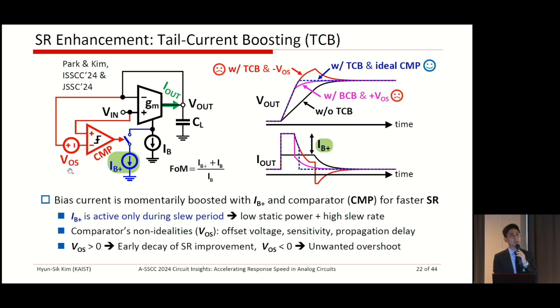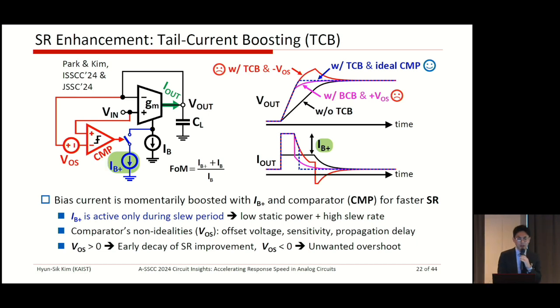If VOS is positive, the slew enhancement decays early. If the offset voltage VOS is lower than 0, then undesirable overshoot appears at the output. Therefore, designing this comparator ideally is very critical.